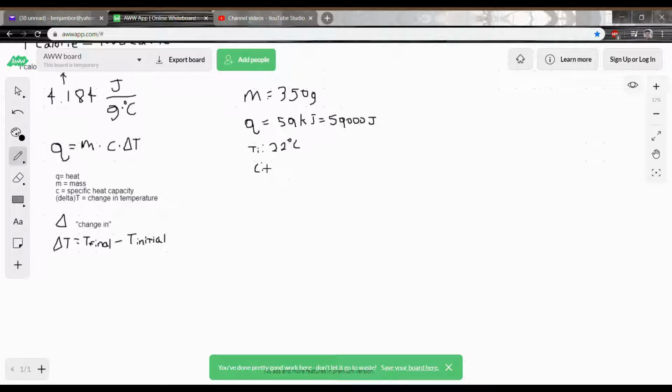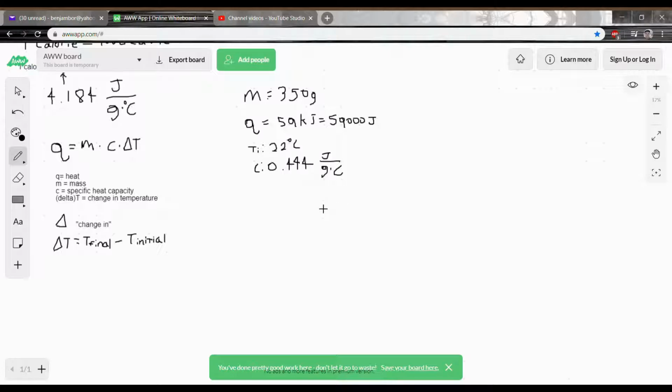Specific heat capacity. And that is going to be 0.444 joules per gram degrees Celsius. Now, we have everything we need to solve for the final temperature, because that's what we want to find.